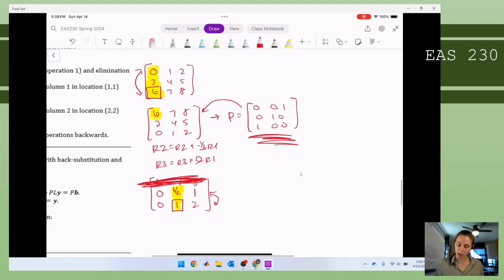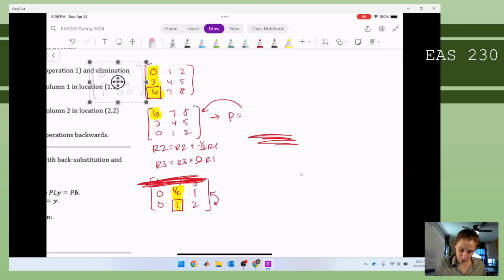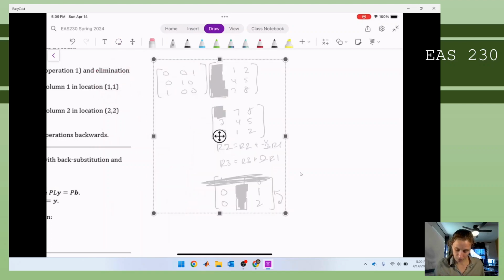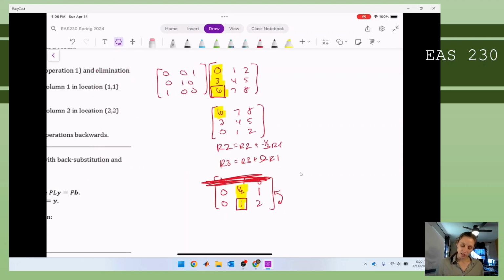So P times my A here does this row operation. This is what it looks like. Same thing down here. If I did this row operation, it would appear as if I multiplied it by this P, where rows 2 and 3 were swapped.